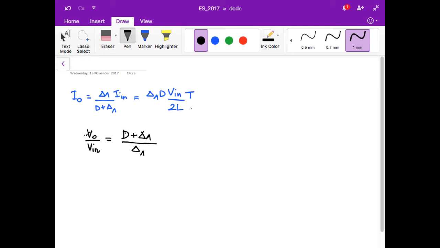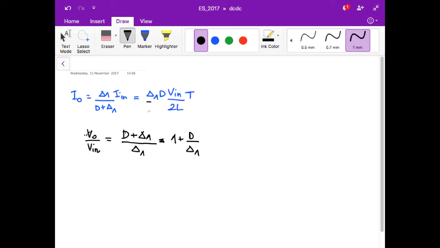Now I just want to write it in a simpler way. Let's write it like this, and therefore what we can do is the following thing.